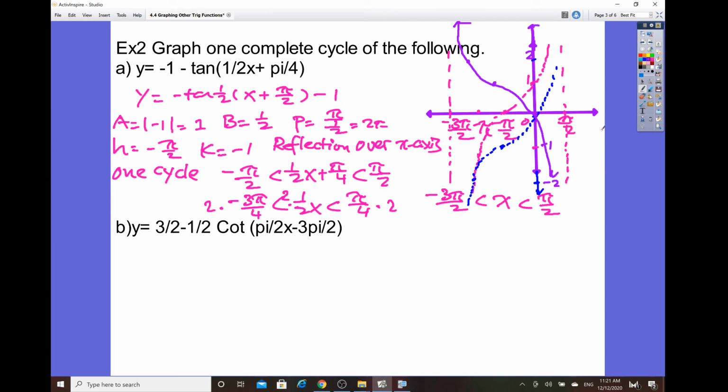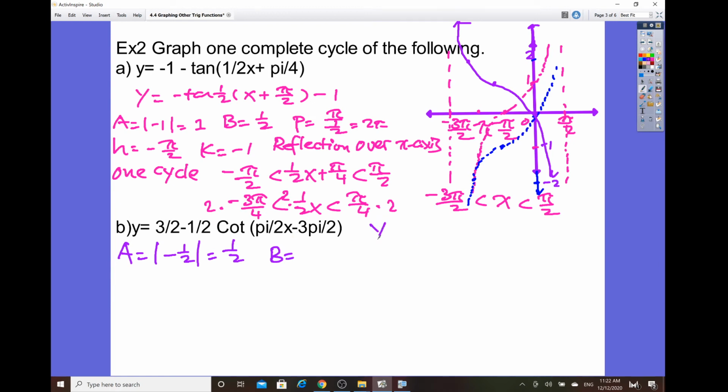Alright, and now what about for the cotangent? Okay, well, this one, again, is similar to the one that we did. So for this one, A is considered the absolute value of negative 1/2, so it's 1/2. And then B. Again, this one is not that obvious, so you need to swap the terms.